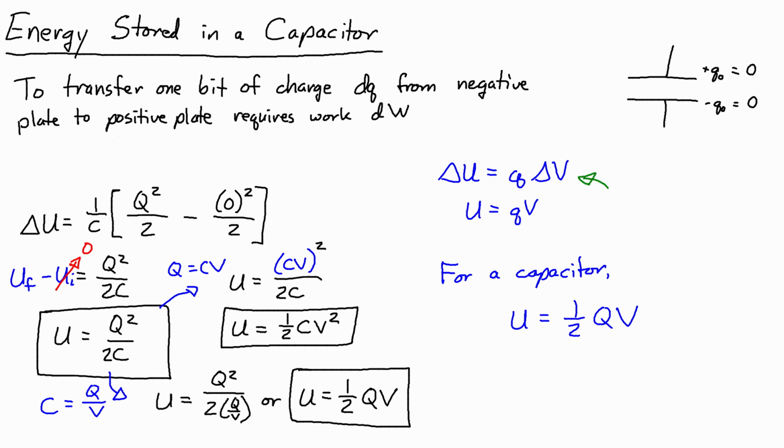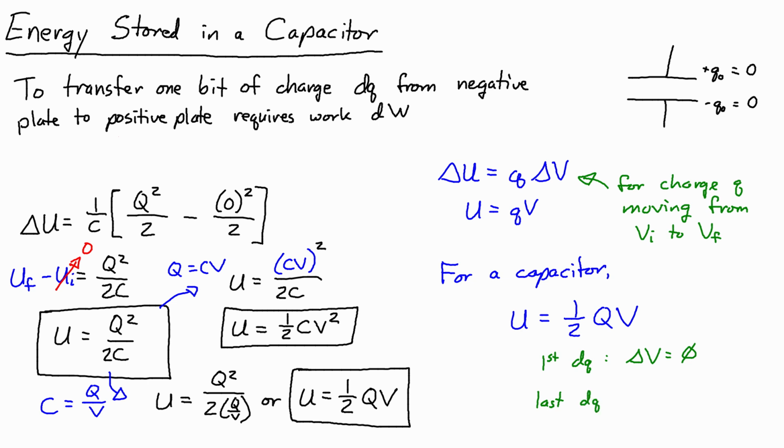So what's the difference? Well, the first expression is for a charge Q moving from V initial to V final. If we think about the charge moving across the capacitor, the first piece of charge dQ has a delta V of 0. And the last dQ has a delta V of the total voltage, or the total potential difference across the capacitor.